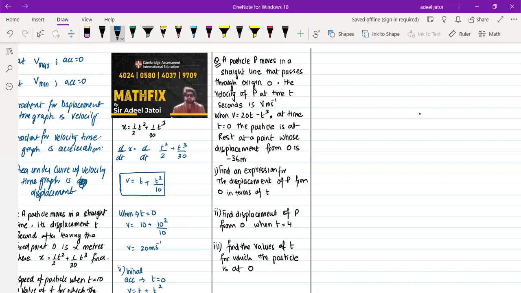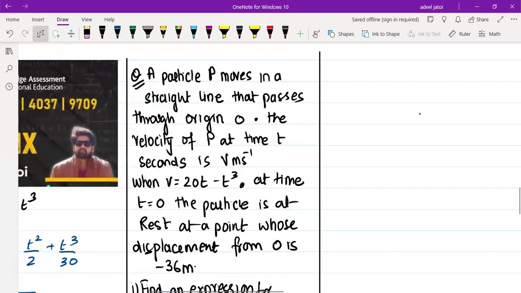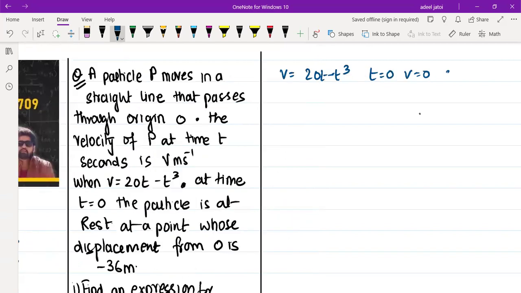So if I want the expression for the displacement, what we need to do is integrate V. V is given as 20t minus t cube, right? So it says t is equal to 0, so automatically V will be 0. But at this time, we know that S is minus 36, considering the question. So let's say that S is equal to the integration of V dt.